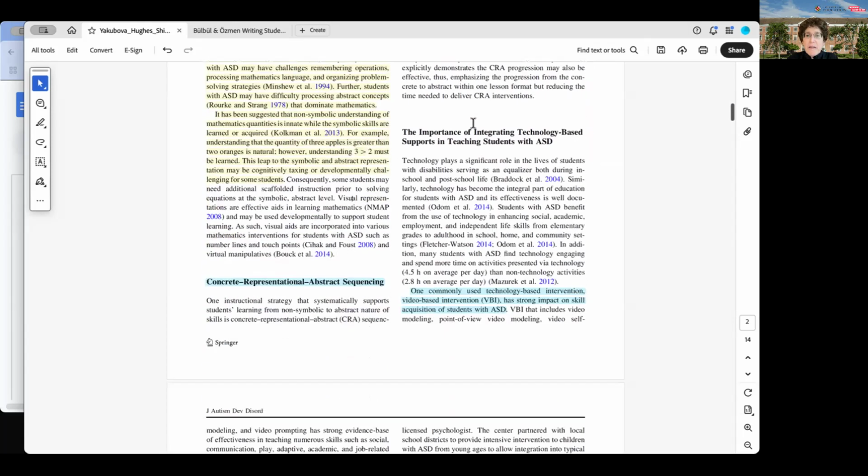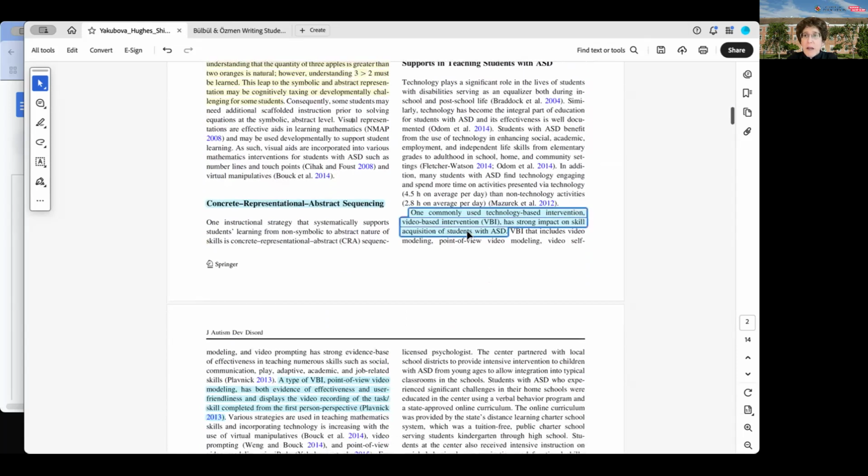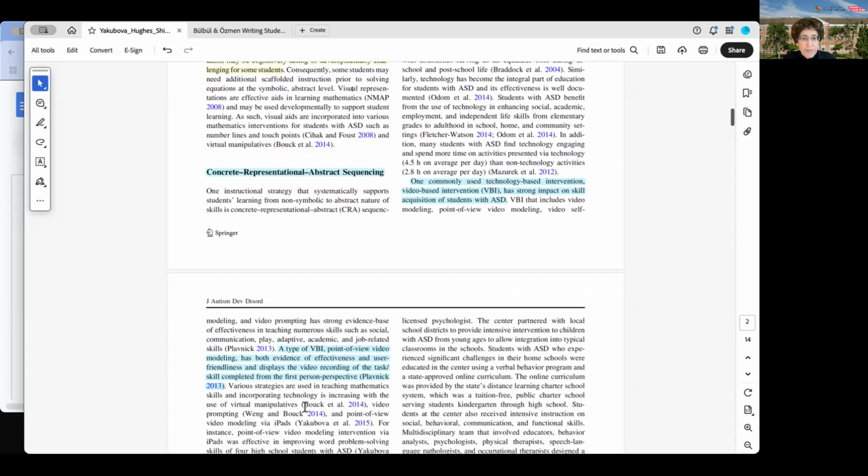Okay, and then they also talk about the second part of their independent variable, which is technology-based interventions or video-based interventions, which are known to have a strong impact for students with ASD.